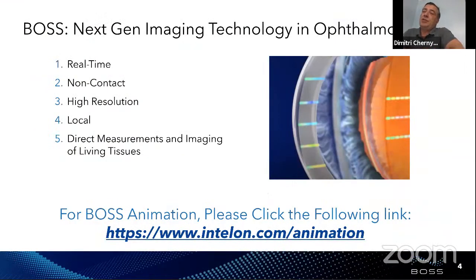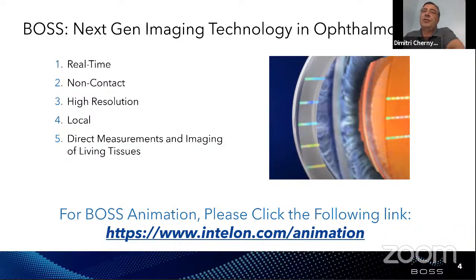There is a very nice animation that was built by our marketing partners that you can see on our website, which talks a little bit more about how it works and how we construct maps. And what are the substantial advantages of Brillouin's system compared to some of the other equipment that's available on the market?